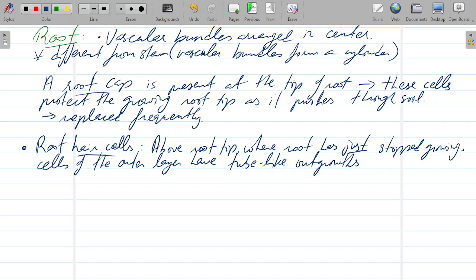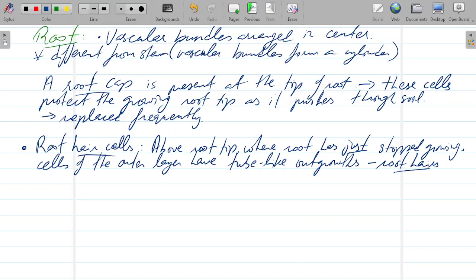These are called root hairs. They're not the kind of hair that animals have, obviously, but they look like hairs, and they are more prominent if you've ever pulled out a seedling. The roots are sort of furry, it appears like there's hair on the root, and that's what they are: root hairs.